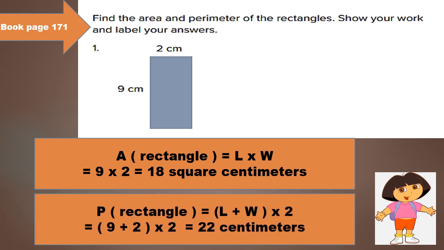But the perimeter, length plus width all times 2. 9 plus 2 all times 2. 9 plus 2 equals 11. 11 times 2 equals 22 centimeters.